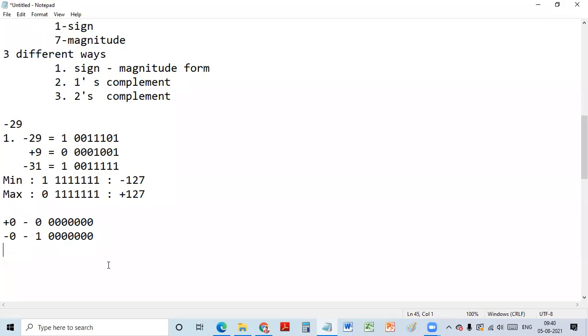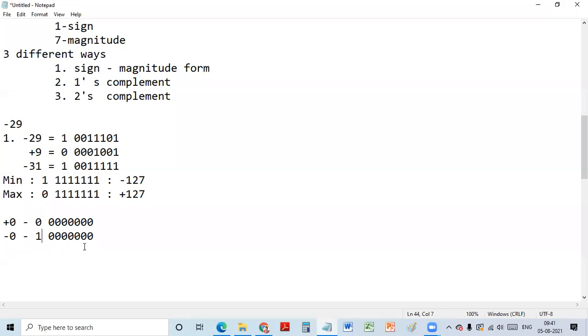But here, the same number, which is 0, has 2 different representations. This is one of the very important parameters to be considered. Any number should have one and only one representation in its corresponding form. But for 0 we have two representations. There is a chance of getting +0 or -0 as an output.